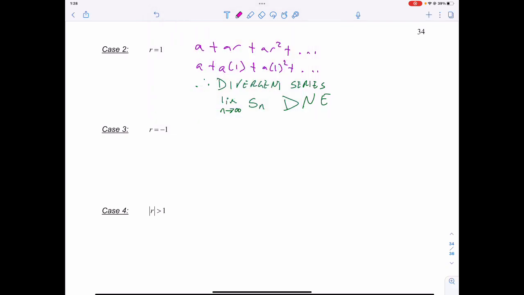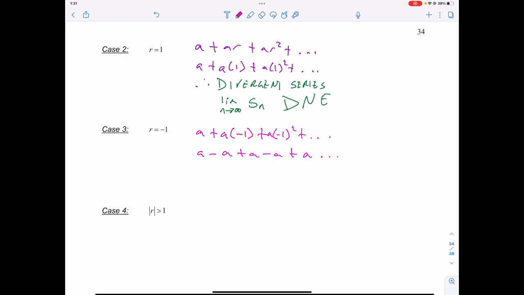If r was -1, then that's going to give me a plus a times -1 plus a times -1 squared, so on and so forth. This is going to become a minus a plus a minus a plus a, going on forever and ever.